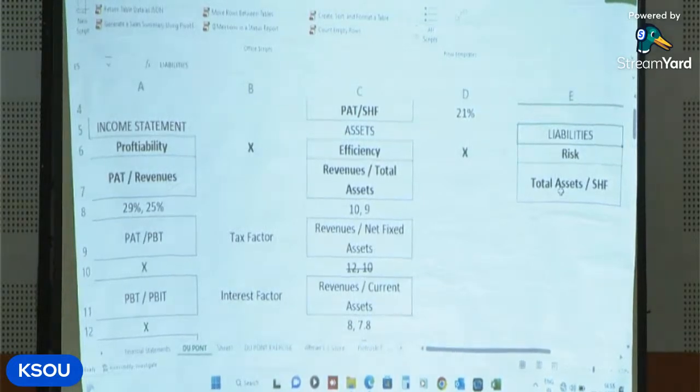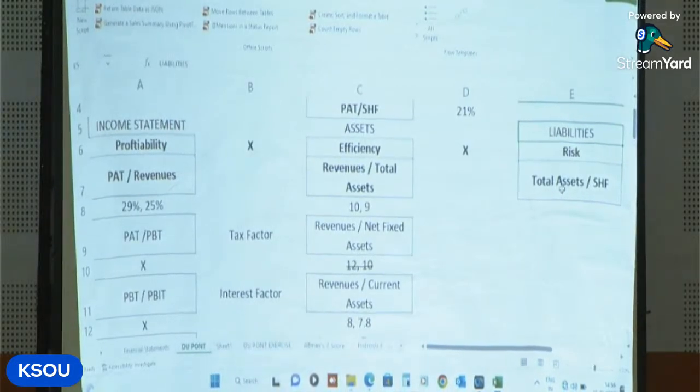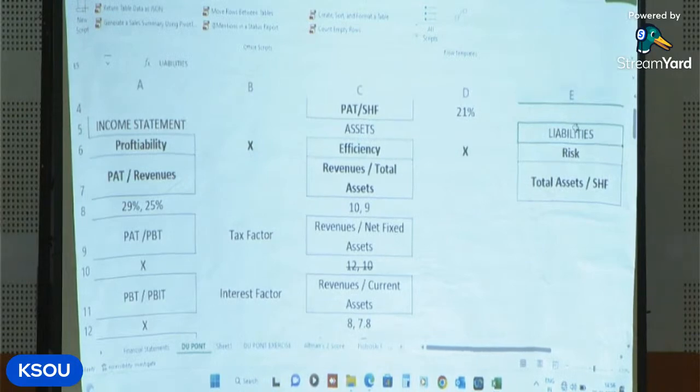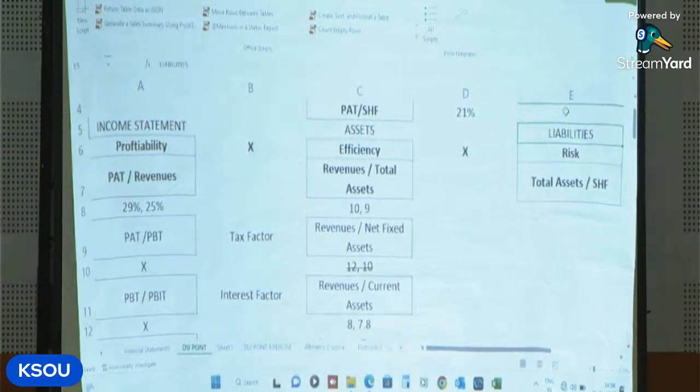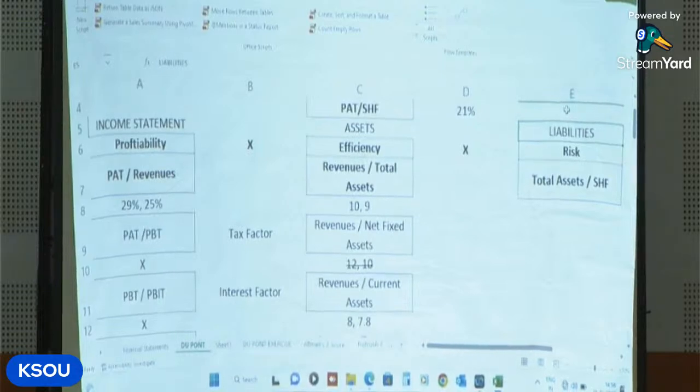Now, how well have we managed it? What to manage? DuPont tells us. And what to manage? It is either something about income statement or something about asset, something about liability, or combination. Now, how well have we managed it? We can find out in cash flow statement.